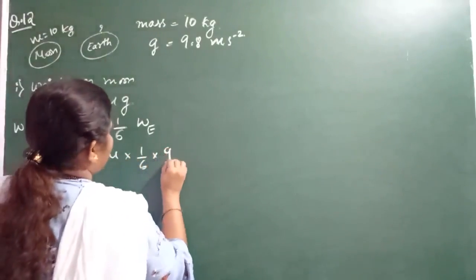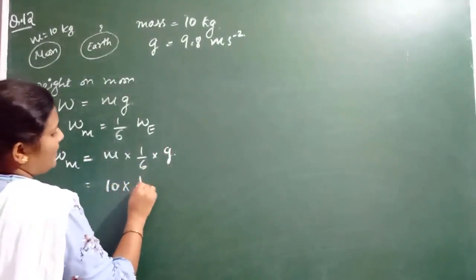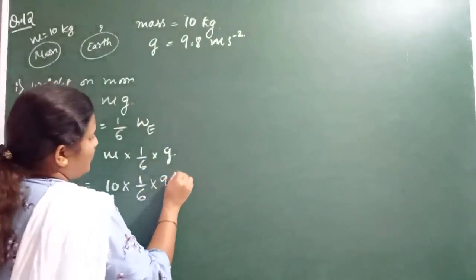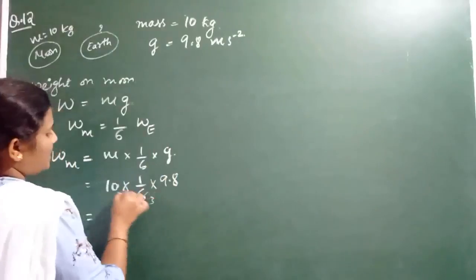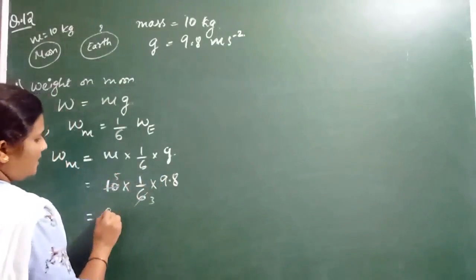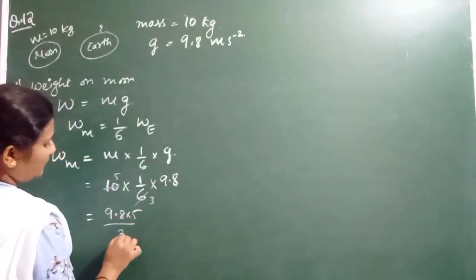The gravitational acceleration value. So what is the mass? 10, then 1/6, then what is the g value? 9.8. So which is equal to 3 then 5, isn't it, children? So what is that? 9.8 into 5 divided by 3.